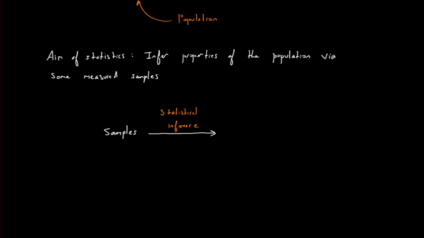And on the right, what we want to pop out is essentially the information, let's say properties, of the population. We have a name for these properties: we call them parameters.